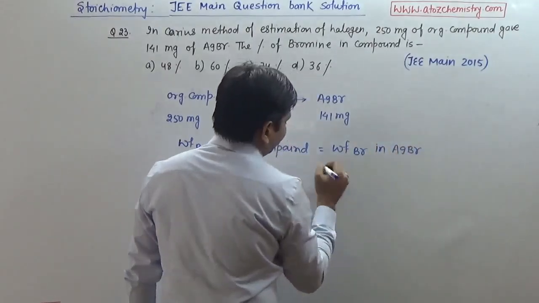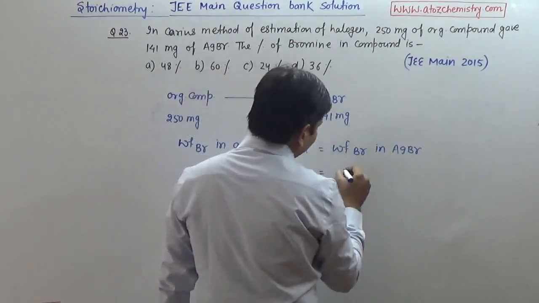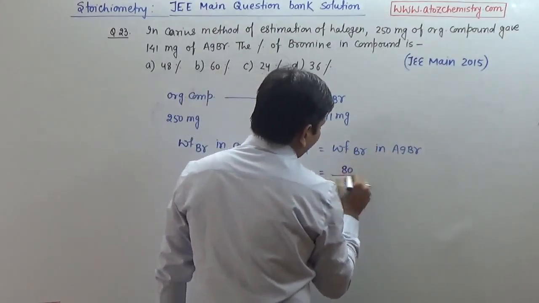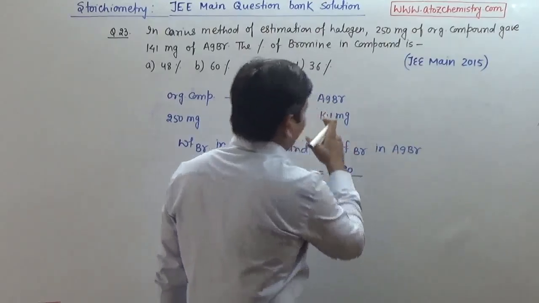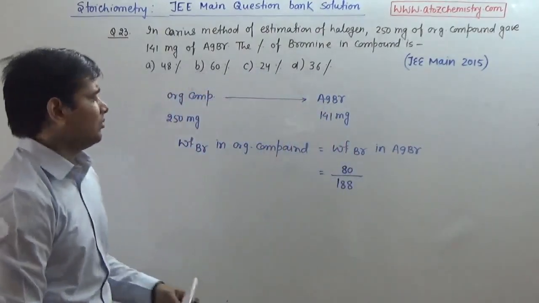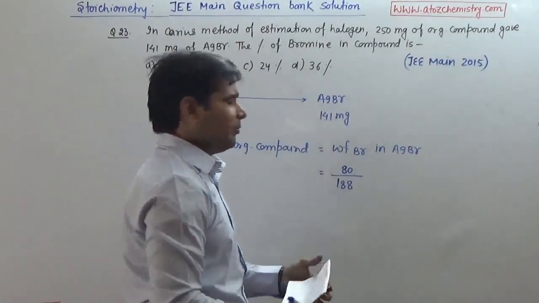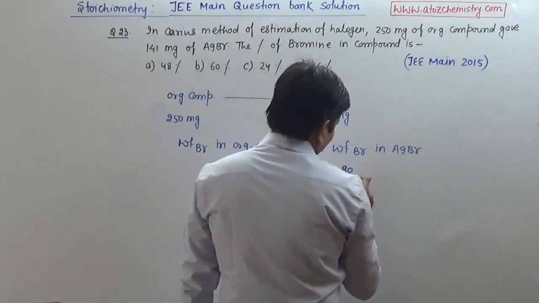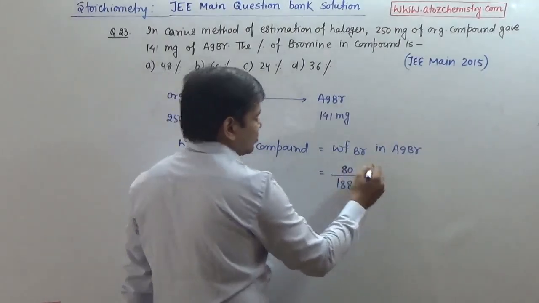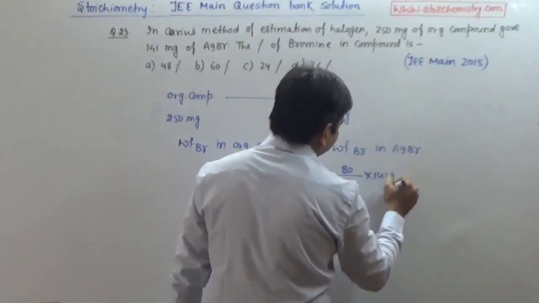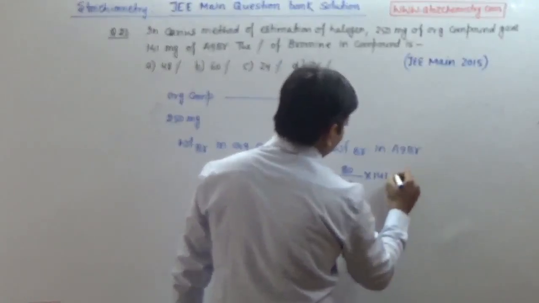The weight of bromine in AgBr: 80 is the atomic weight of bromine and the molecular weight will be 188, because 108 is the atomic weight of Ag and the atomic weight of bromine is 80. So if 188 gram has 80 gram of bromine, 141 milligram has this much.